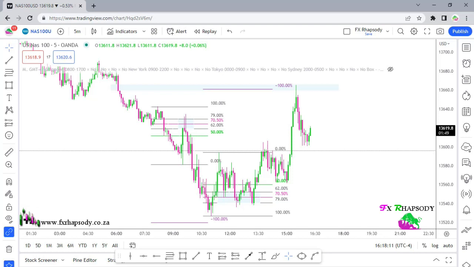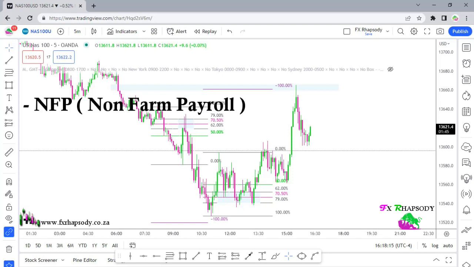Now, some of these big news events will be the non-farm payroll, the NFP report, which basically represents the number of jobs added or lost in the US economy over the last month. Now, this report comes out on the first Friday of each month.